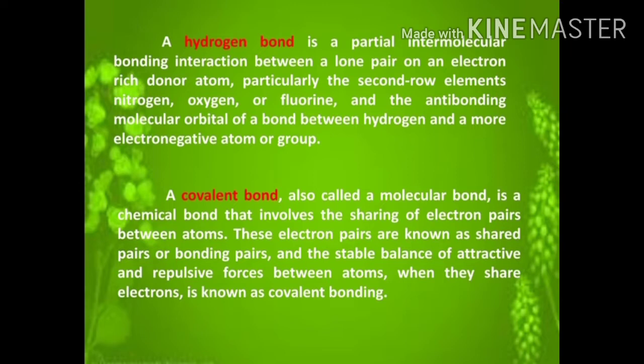These electron pairs are known as shared pairs or bonded pairs, and the stable balance of attractive and repulsive forces between atoms when they share electrons is known as covalent bonding. Simply, a covalent bond means mutual sharing of electrons to form a chemical bond.